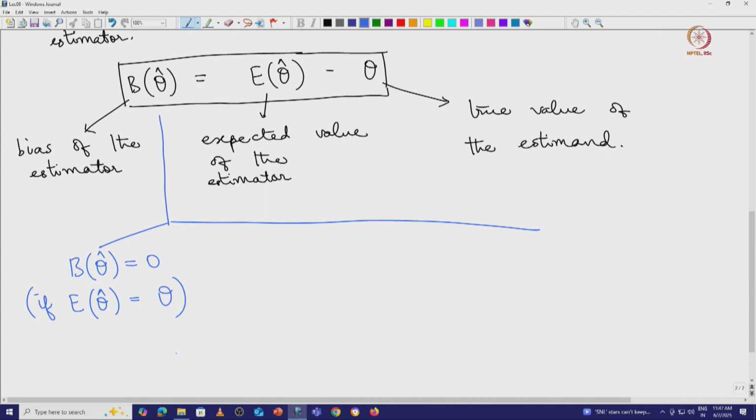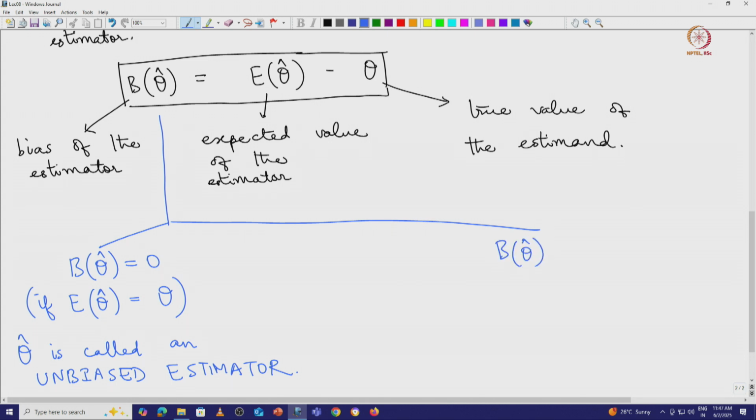So, then theta hat is called an unbiased estimator. Right, and the other less desirable outcome is that the bias is not equal to 0.